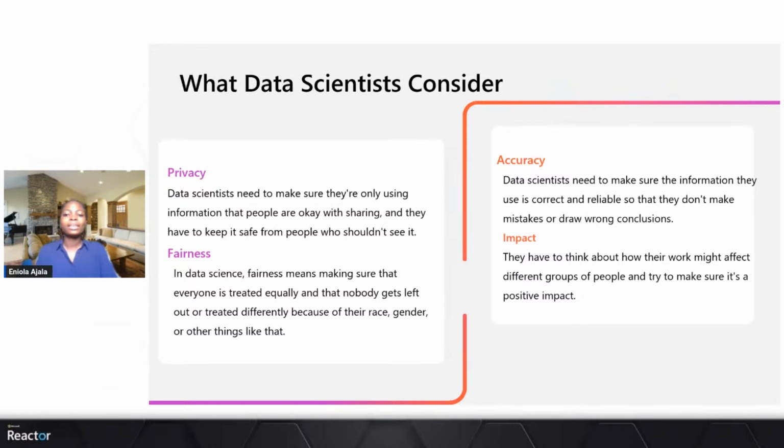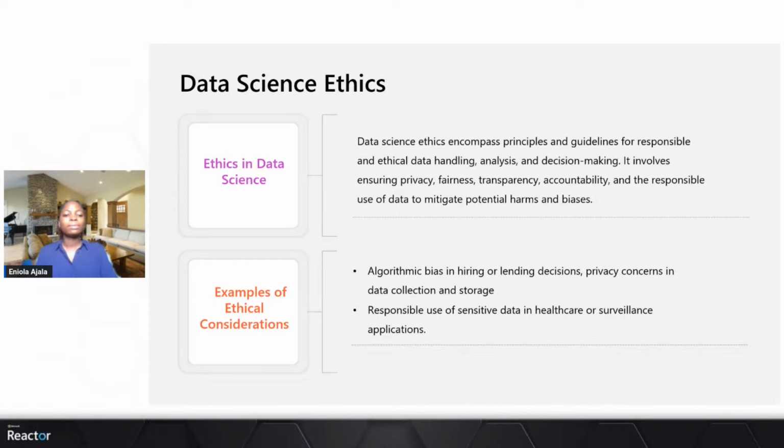Also, scientists need to make sure that the information they use is correct and reliable, so they don't make mistakes or draw wrong conclusions. They also have to think about how their work might affect different groups of people, to make sure it has a positive impact. Examples of ethical considerations include algorithmic bias in lending decisions.